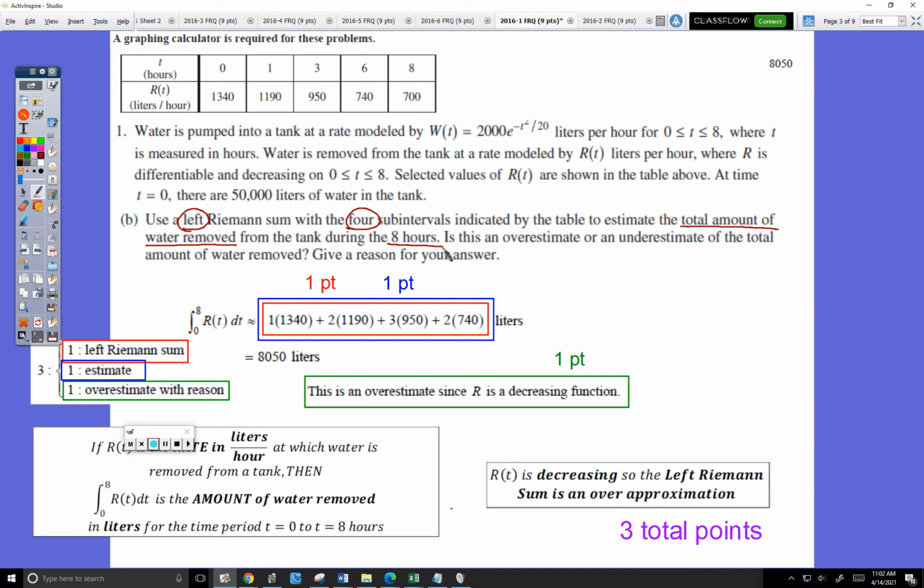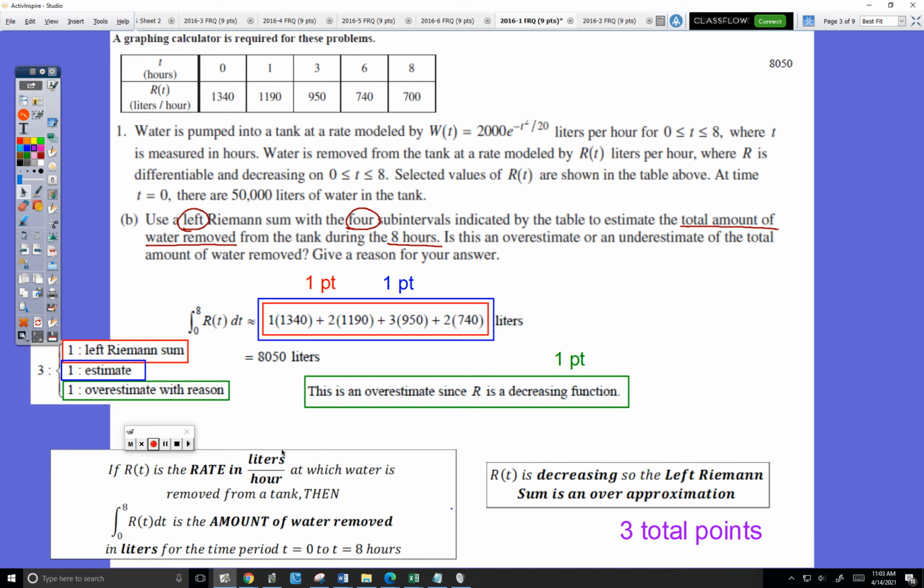So the fundamental theorem is right here, and it tells us that if in this example R is the rate at which water is being removed in liters per hour, then if we integrate that rate, the integral will tell us the amount of liters removed for that time period.